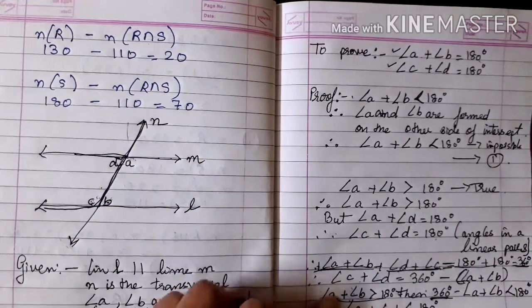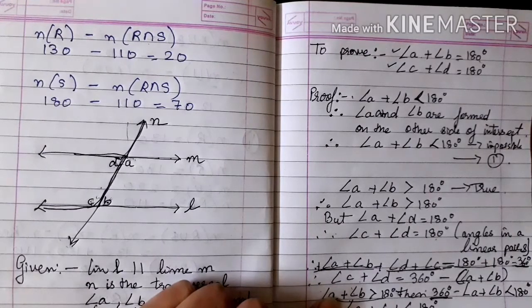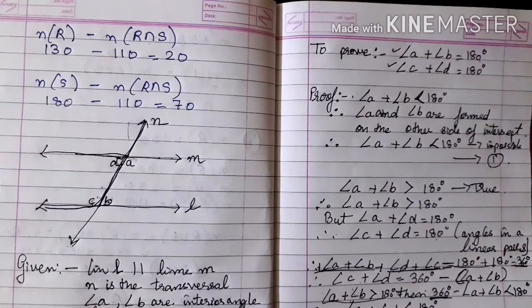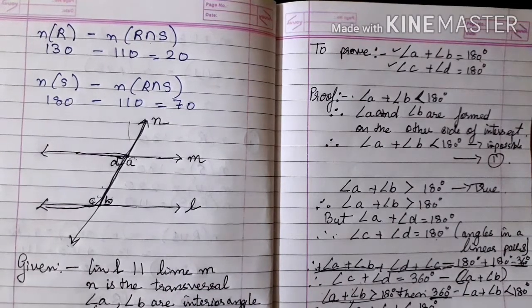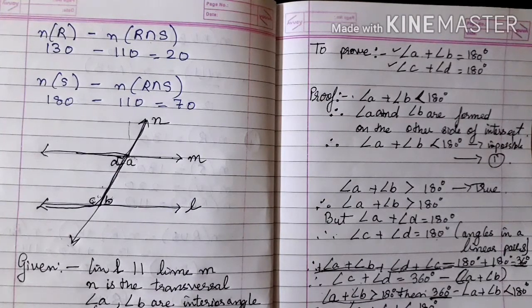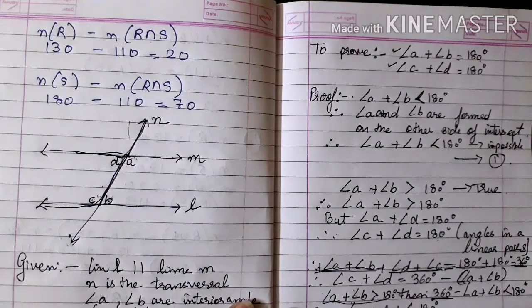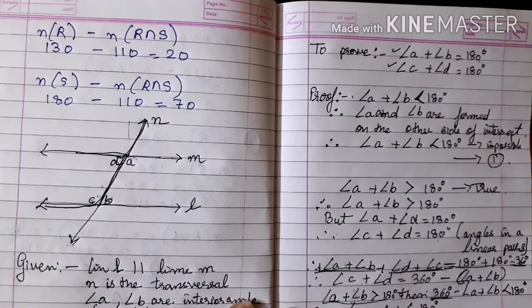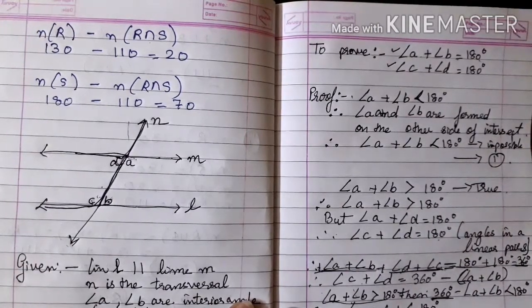We have to take these two possibilities and consider the diagram. So this possibility is true, whereas this possibility is untrue. We cannot compare this with 180 because 180 is greater than C and D. Got it? So C and D is 180 degree is right. So we get the second possibility.